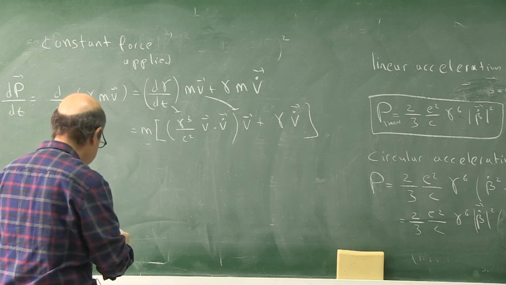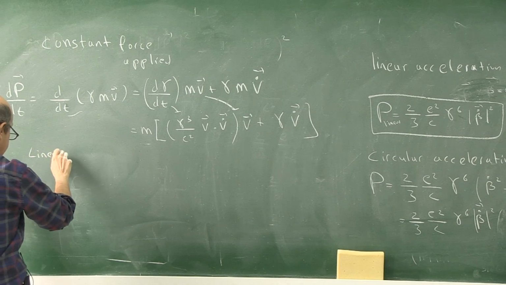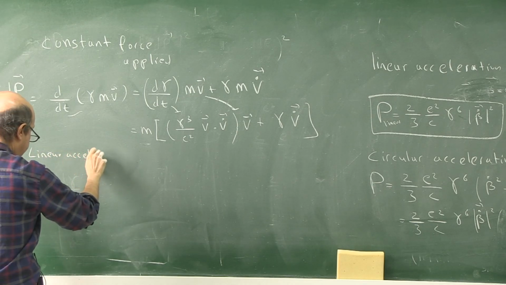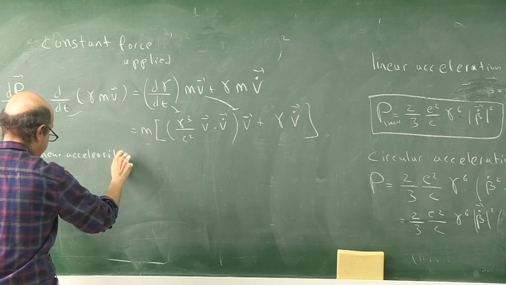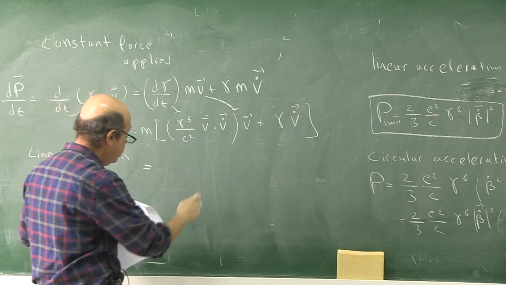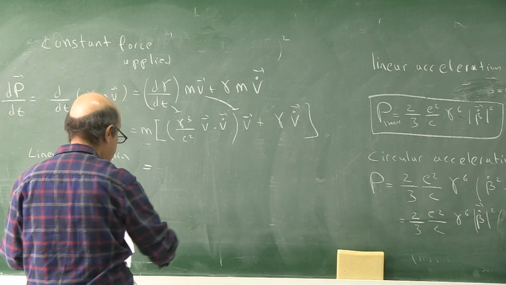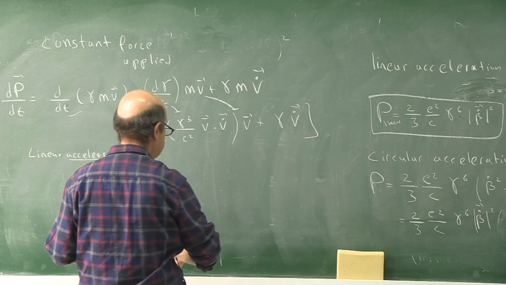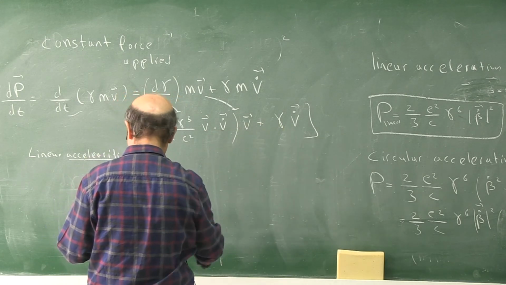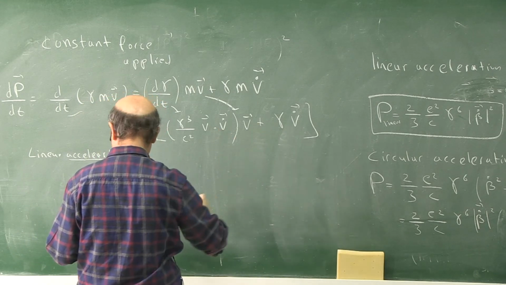And if you have the linear case, linear acceleration, then you know that v and v dot are parallel to each other. Then you can write this v times v dot, and everything is one dimensional. So v dot is the acceleration.